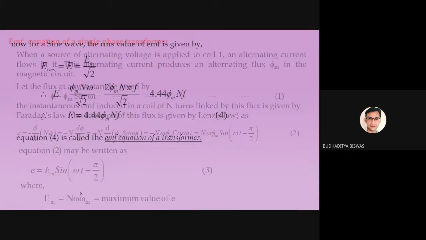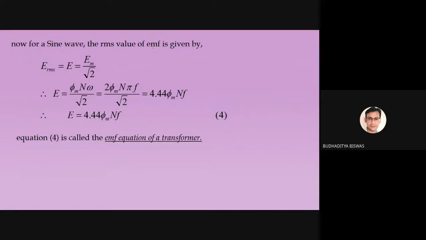Now for a sine wave, the RMS value of the EMF is given by E equal to Em by root 2. You have already derived this, that the RMS or root mean square value is nothing but the maximum value by root 2. So E equal to E RMS equal to Em by root 2, and Em equal to phi m N omega, so E equal to phi m N omega by root 2.